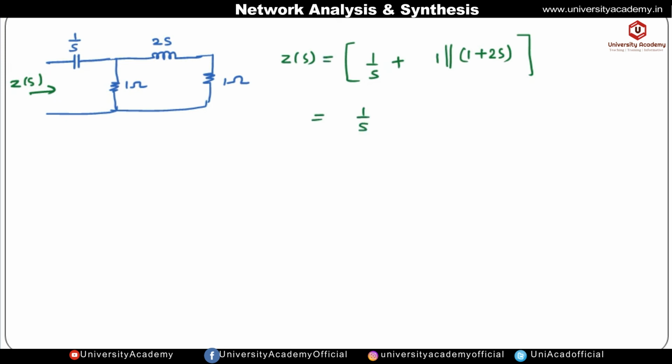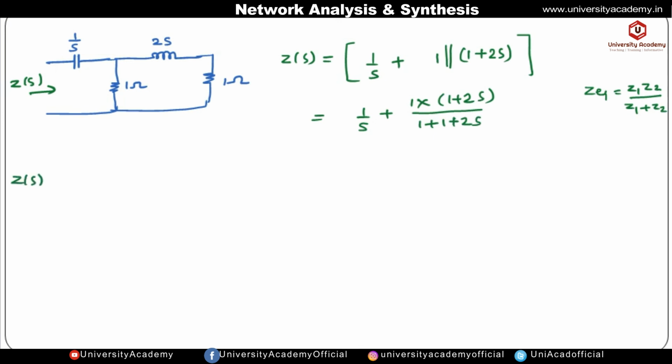So this will become 1 by S plus, when two impedances are connected in parallel, the Z equivalent is given by Z1 Z2 by Z1 plus Z2. So this will become 1 into 1 plus 2s divided by the sum of both impedances, that is 1 plus 1 plus 2s.